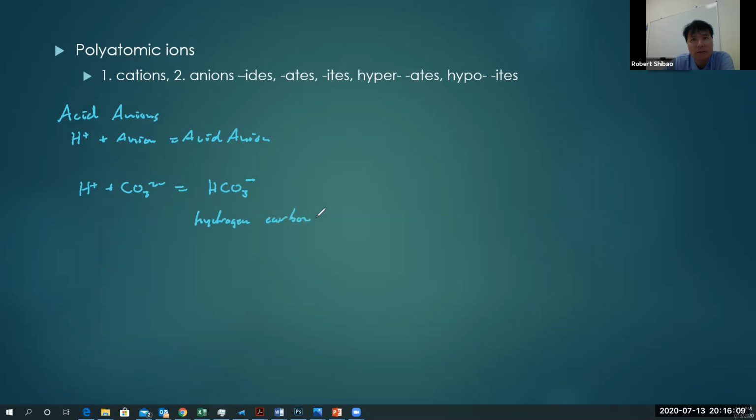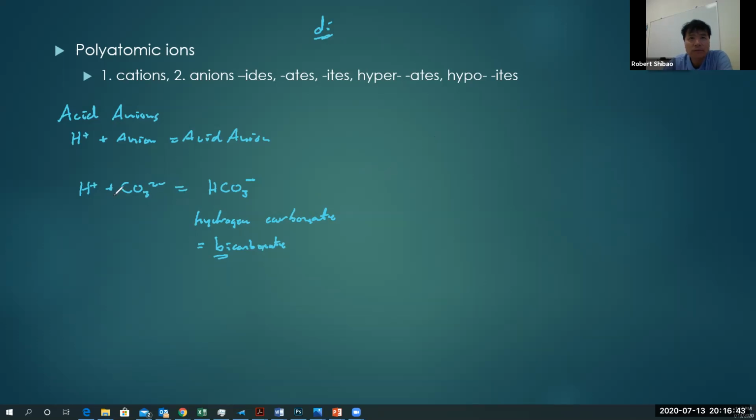We just take a carbonate and add the hydrogen to that. Hydrogen carbonate is also known as bicarbonate. Bi is often used versus di. Di usually refers to 2, and bi usually refers to 2, but in this context, it refers to an acid anion. So bicarbonate is hydrogen carbonate, which is HCO3 minus. It's an acid anion.